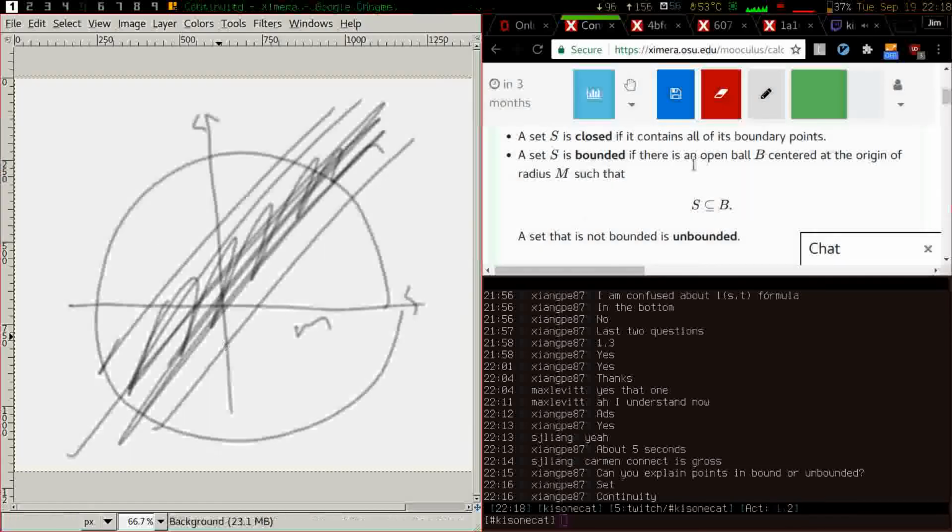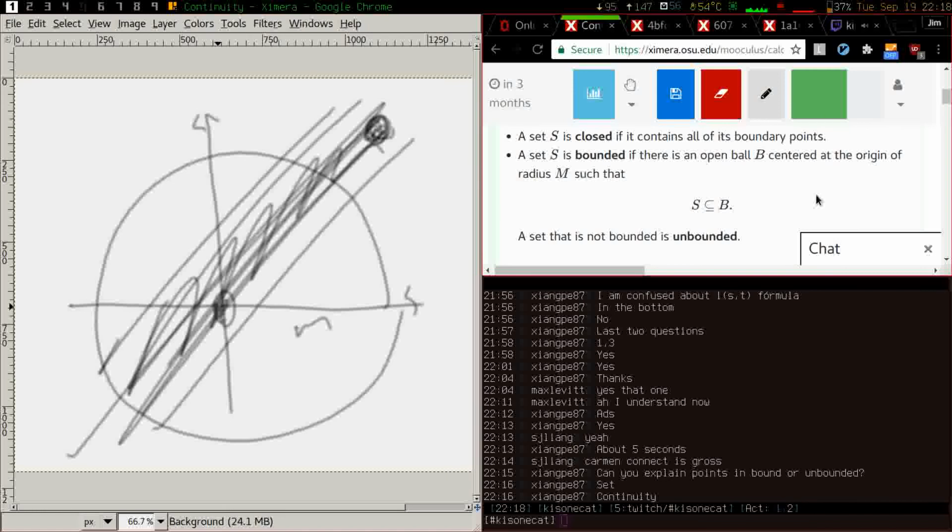This language about open balls is really the same thing as whether or not there are points in there that are arbitrarily far from the origin. If a set S is contained inside an open ball, that really just means that all the points of S are no more than big M away from the origin.